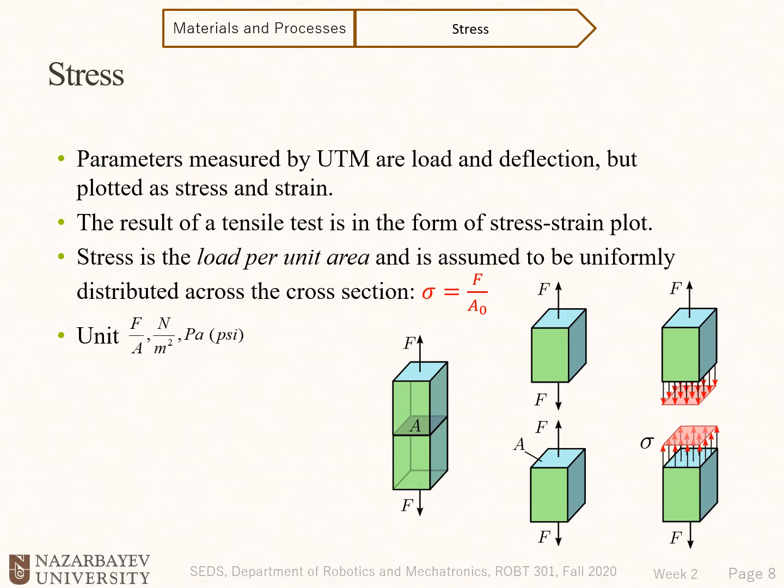These two should be somehow equivalent to load and deflection. They are not exactly load and deflection, as we'll see, but they are derived from load and deflection. Stress is derived from load, and strain is derived from deflection. The result of a tensile test is in the form of a stress-strain plot.